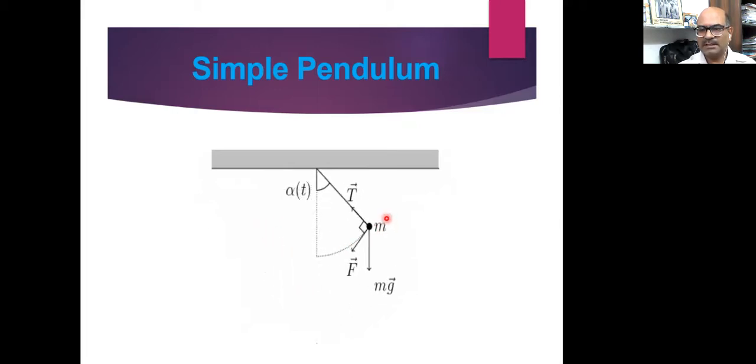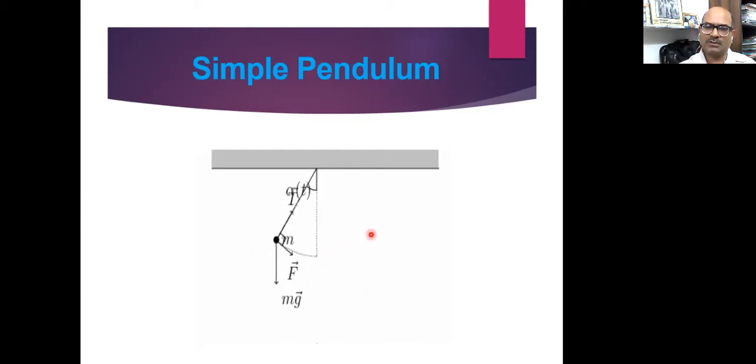you can understand that at the extreme position there is the maximum displacement from the mean position. This is called the amplitude. The restoring force, this F, is working towards the mean position.